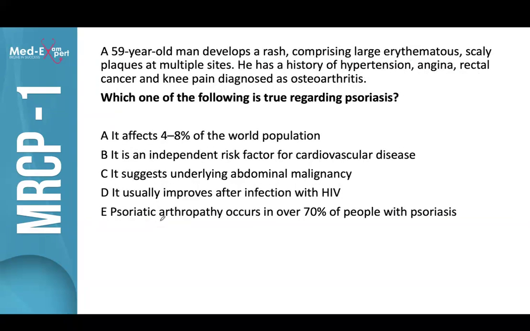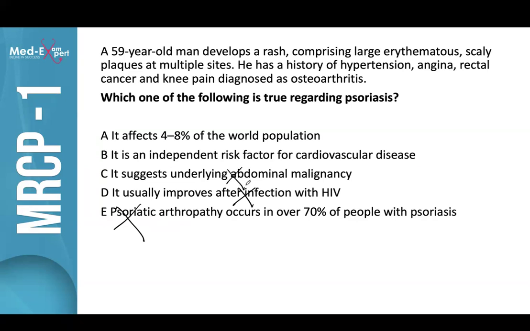Which of the following is true regarding psoriasis? That is the question. Psoriatic arthropathy occurs in over 70% of people with psoriasis. No, sir, it won't. Many people will have just psoriasis alone without arthropathy, definitely not 70%. It usually improves after infection with HIV? Definitely not, it will actually worsen. It suggests abdominal malignancy?